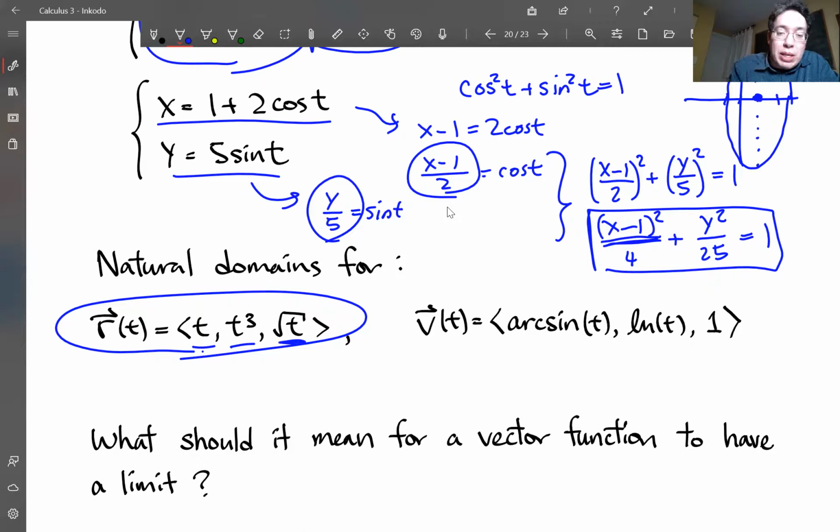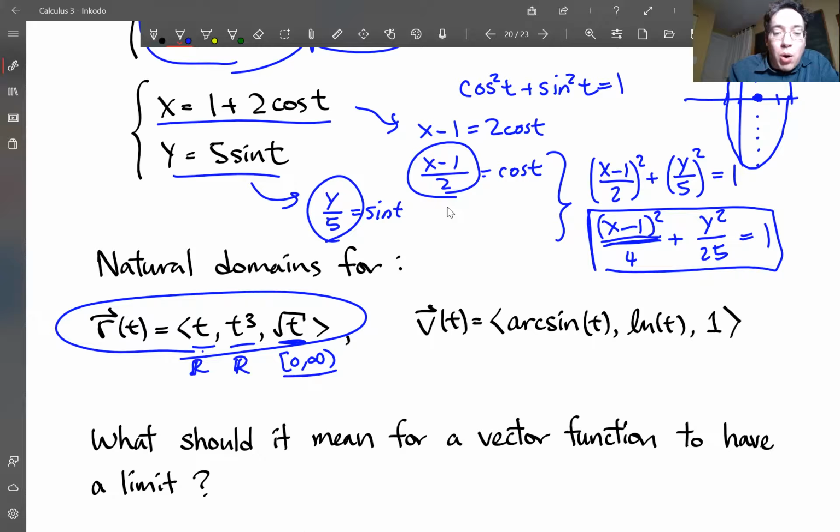But the z component, we can't plug in a negative number into a square root function and get a real number out. So the domain for the third component, you could still plug in 0 into square root. So non-negative numbers. So from 0 off to infinity. So any real number is okay here. Any real number is okay here.